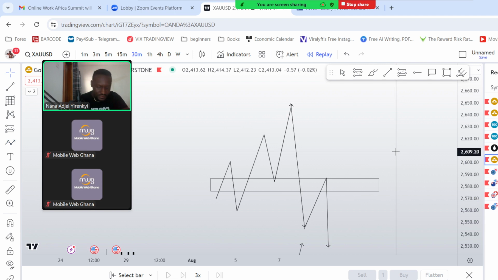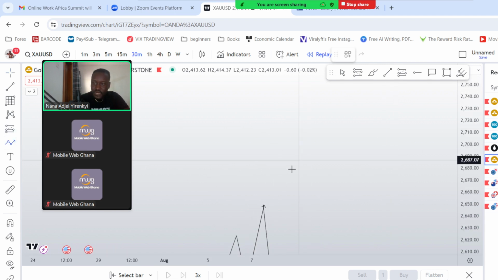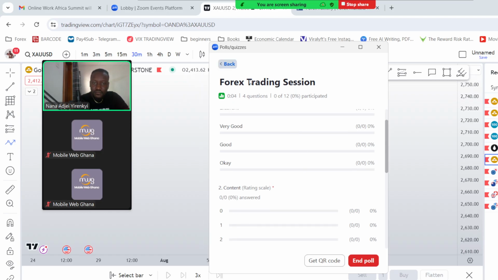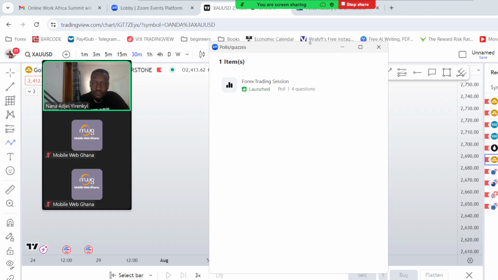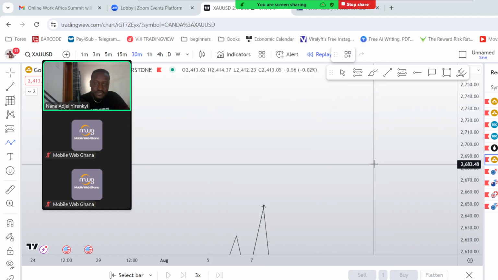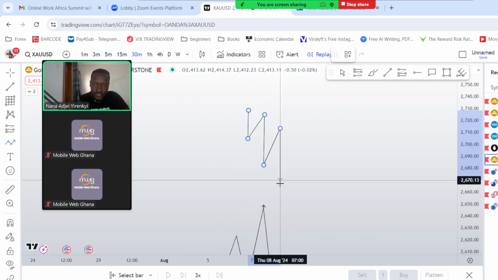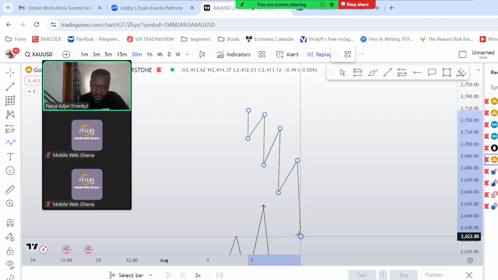In the same instance, when you have a resistance area being marked out, you can have a resistance area being marked out like this. This is a downtrend.